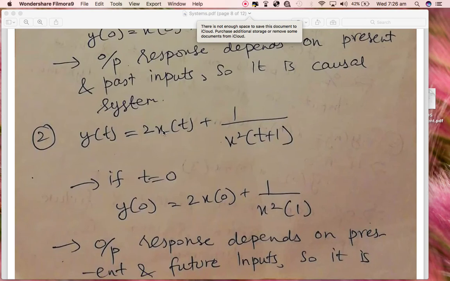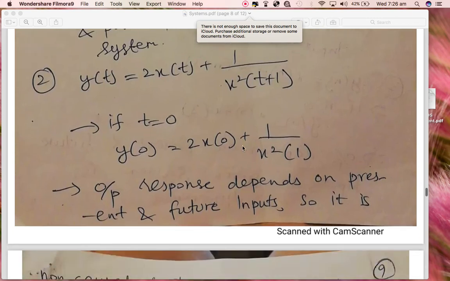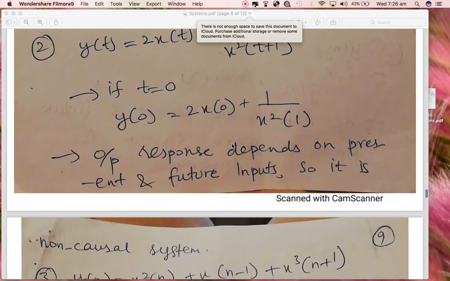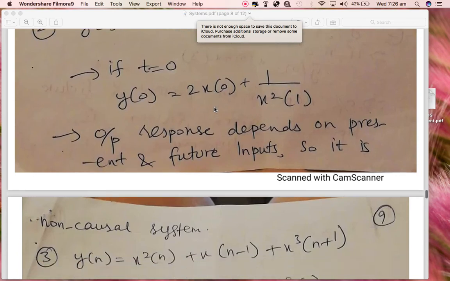If we have this kind of system which is explained by this equation, and if we put the value of t equal to 0, then we will have this kind of equation. So we can see over here we have one future value as well as one present value. So it is a kind of non-causal system, which is taking into consideration the present and the future inputs only.